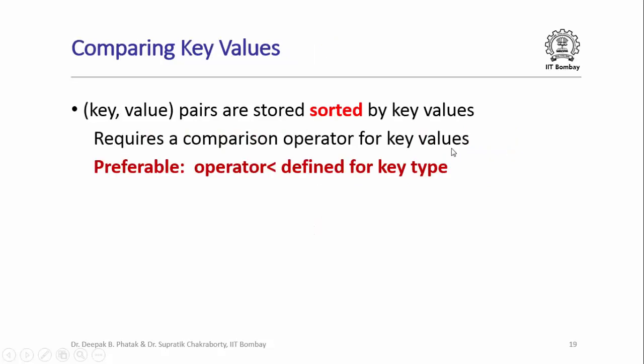Well, we have already studied that the key value pairs in a map are going to be stored sorted by key values. Now in order to sort the key values, you require a comparison operator, and what is preferable is that you have a less than operator defined for the key type.